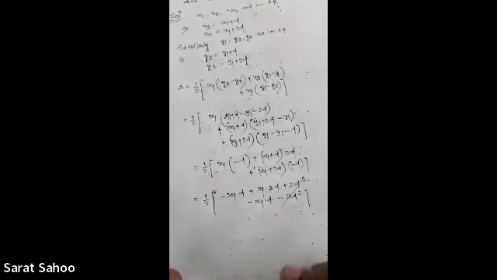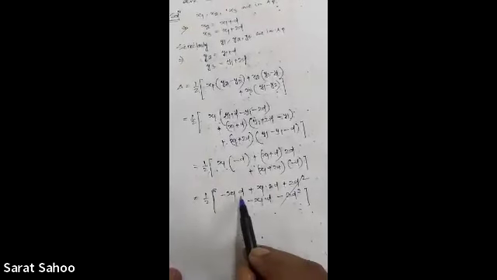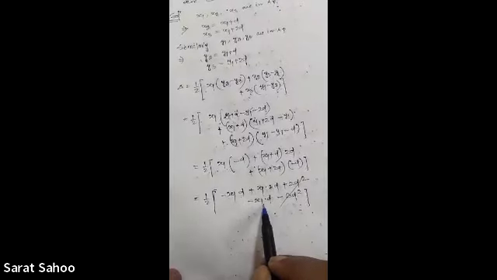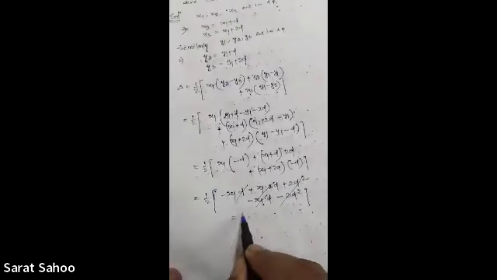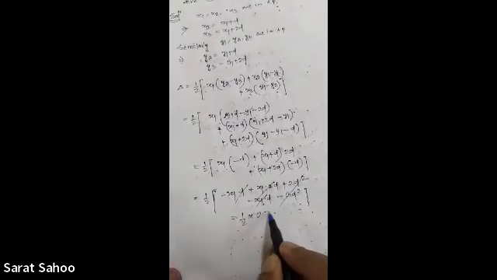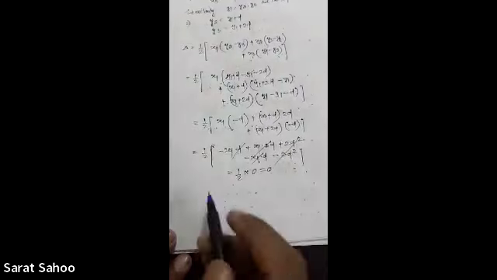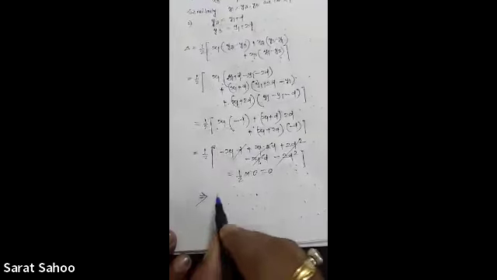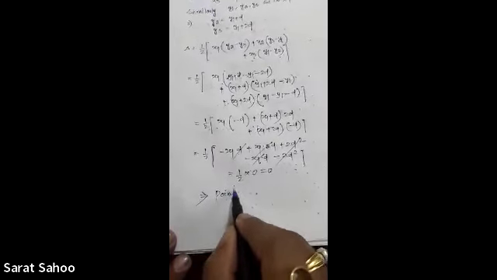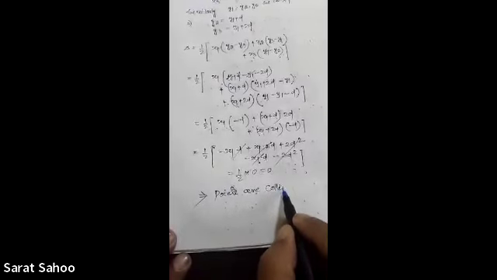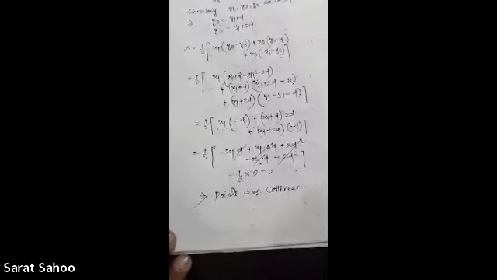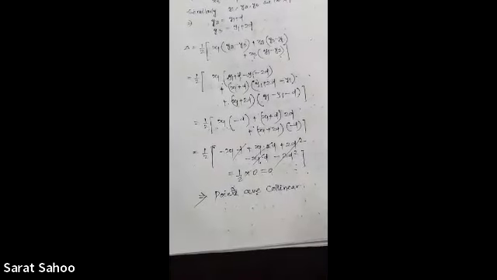Plus 2d square minus 2d square cancels, minus x1d minus x1d minus 2x1d plus 2x1d cancels. This is equal to half into 0, which is 0. This implies the points are collinear. I hope it is clear to you.